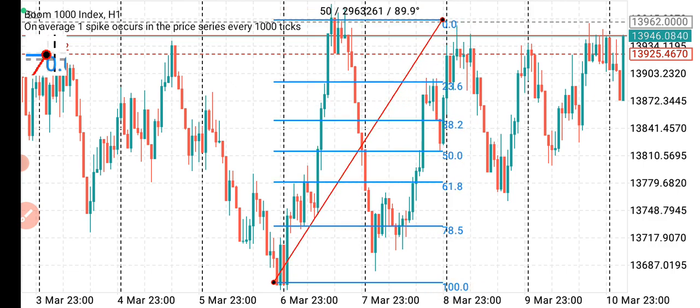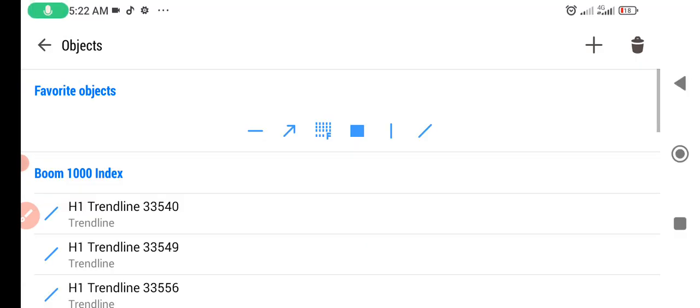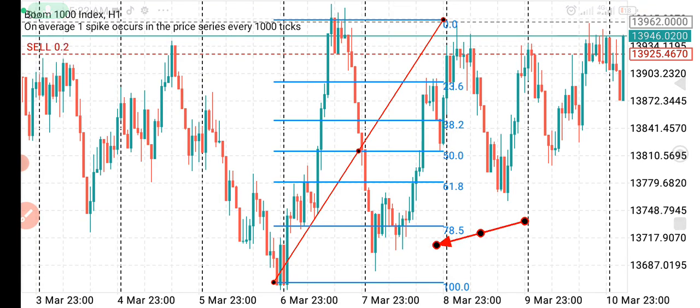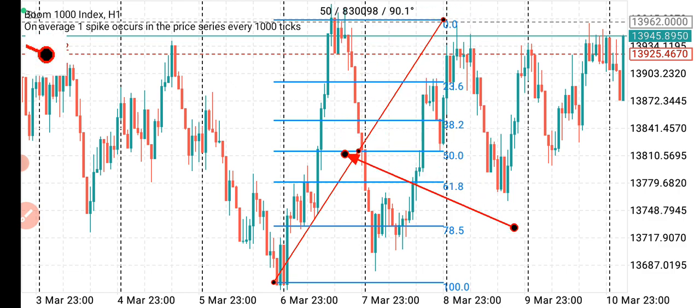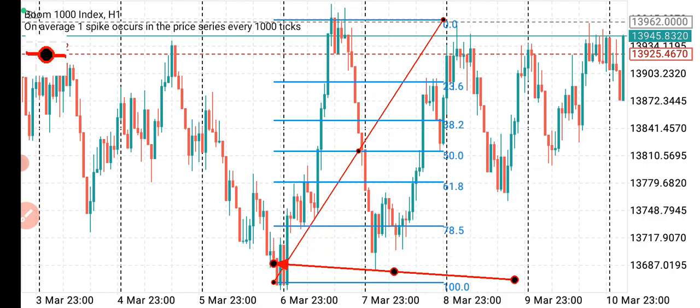So mind you, if you want to fib it, it is a two-way. It is either you are fibbing wick to wick, that is the rejected part, wick to the wick on this side, or you are fibbing the body to the body.